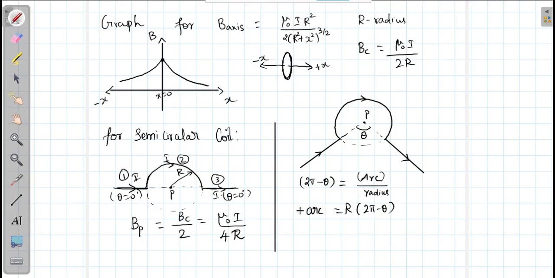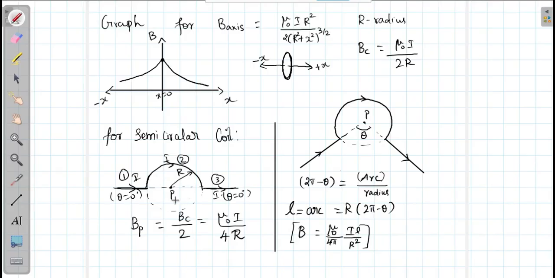Suppose you take this arc length as small l. Therefore, our magnetic field is mu naught by 4 pi, I l divided by r square.